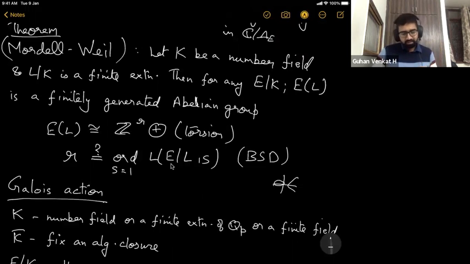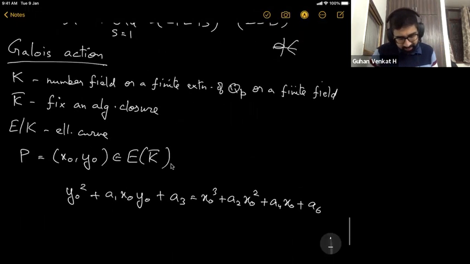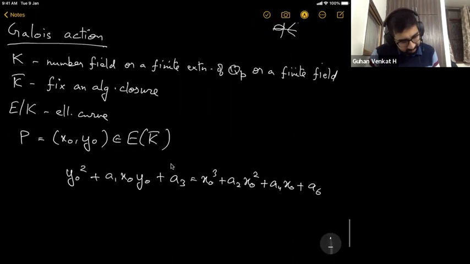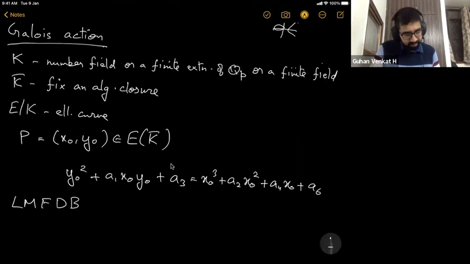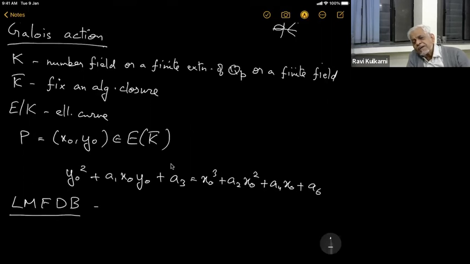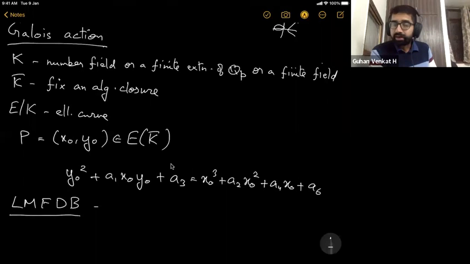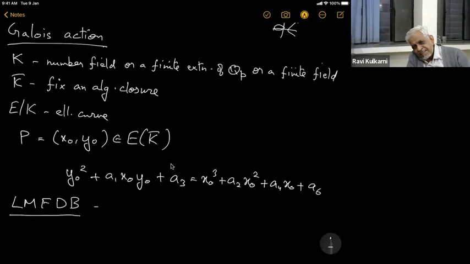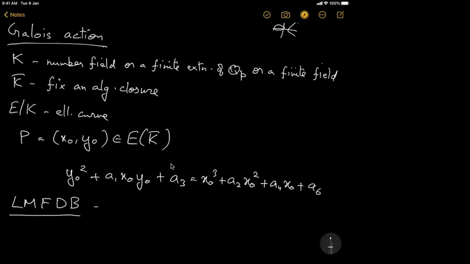Since this has come up, I should mention the LMFDB. Cremona had this table of elliptic curves before, but now it has become part of this much larger database. But the question is, can R be arbitrarily large? It's a theoretical possibility, not a theorem.